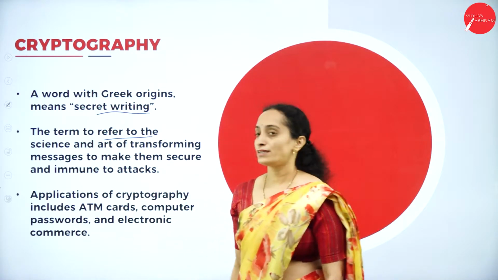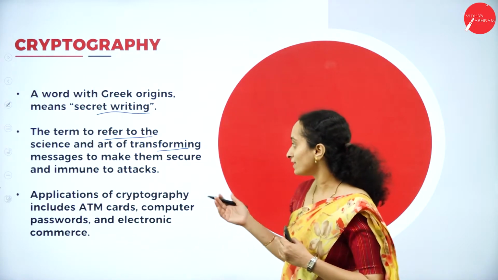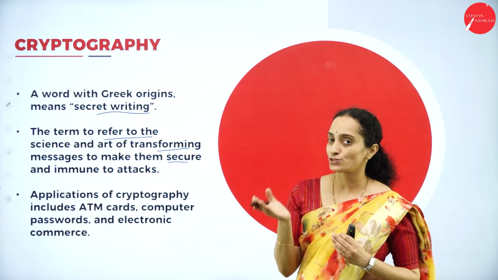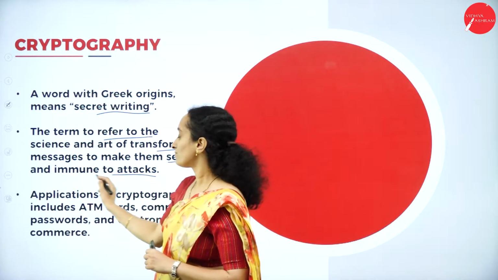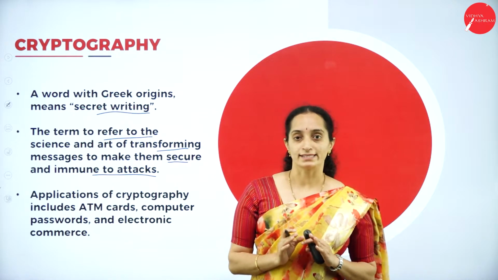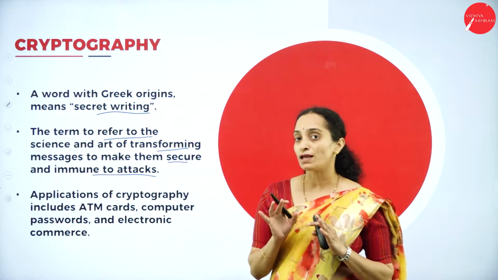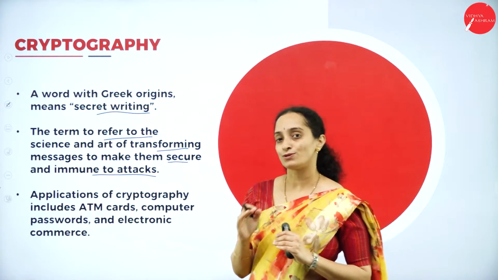The term refers to the science and art of transforming the message, the original message, to a non-recognizable form, which will become immune to attacks. Even if the attacker gets into the message, he will not be able to recognize what it is all about, what it is going to tell.